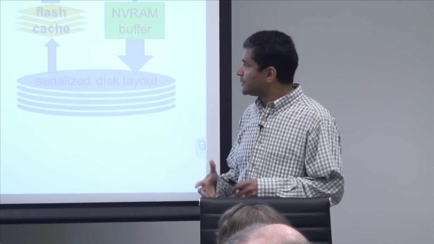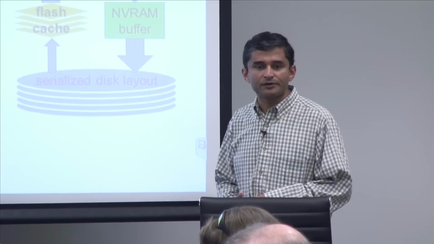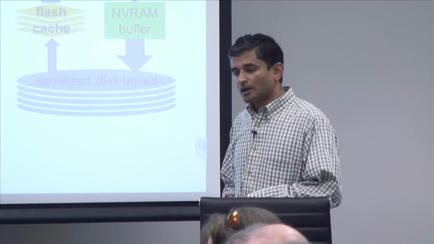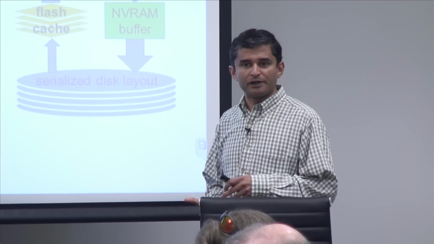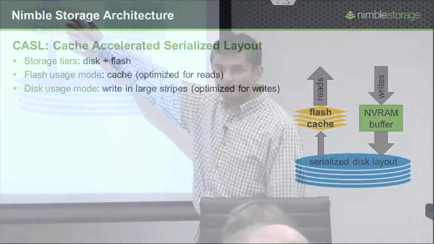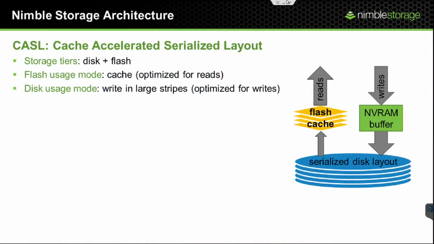So basically, it's an architecture that uses the hardware components very efficiently, uses flash for what it is best at, and converts writes, serializes the writes, which the disk can then take quite well.